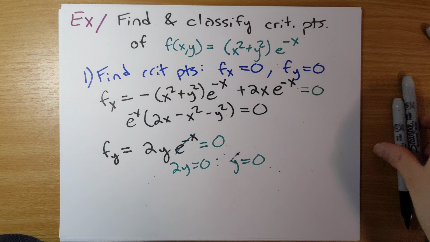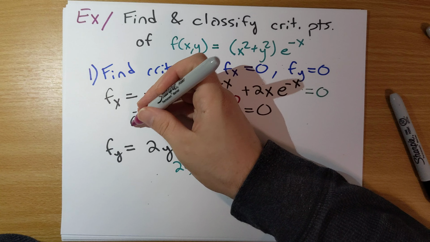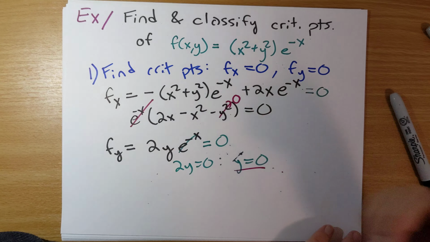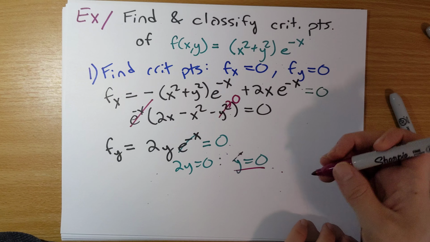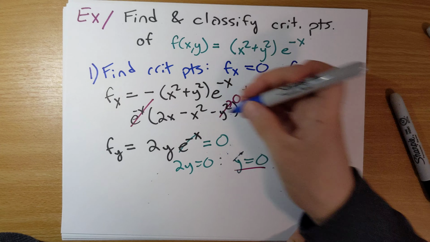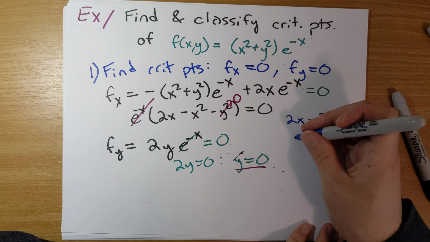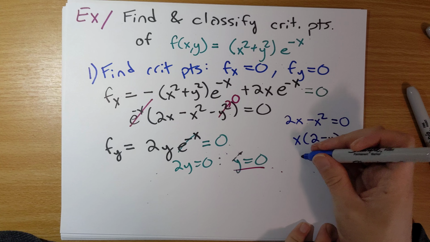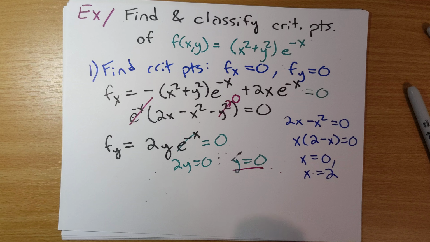We know that y must equal 0. e to the negative x can never equal 0, so we can multiply both sides by e to the positive x to get rid of that. And so we are left with 2x minus x squared is equal to 0, or x times 2 minus x is equal to 0. So x is equal to 0 or x is equal to 2.